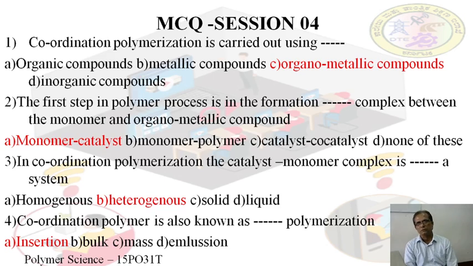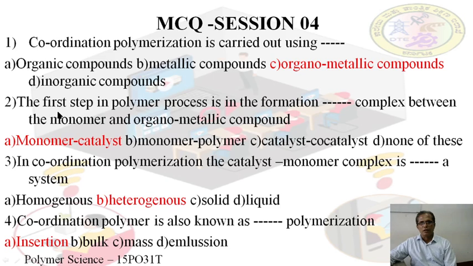Answers are organic compounds, metallic compounds, organometallic compounds, inorganic compounds. We conduct coordination polymerization with the help of organometallic compounds. Then only the reaction proceeds and will be able to produce the polymer.